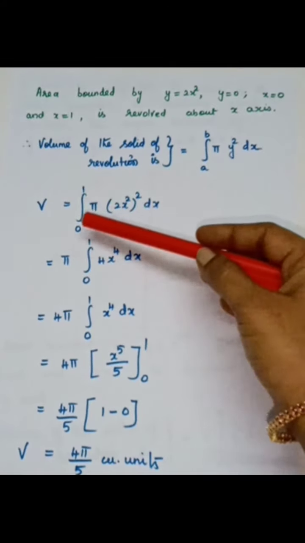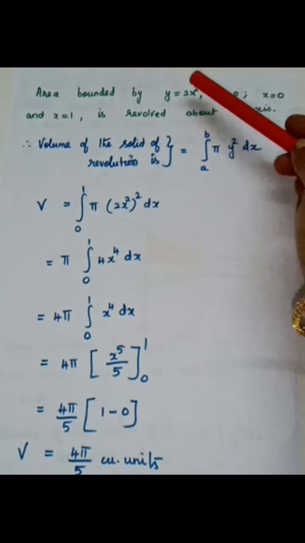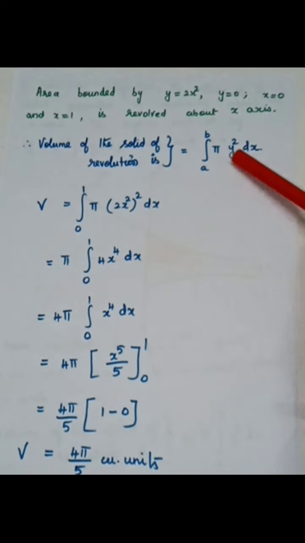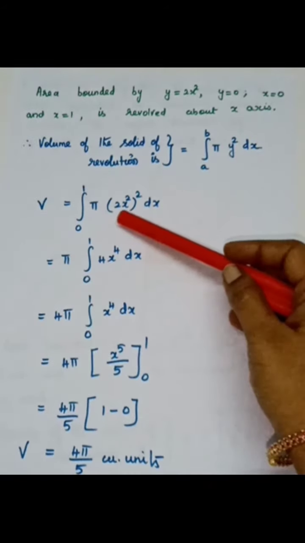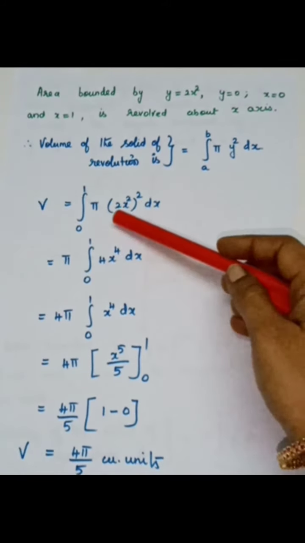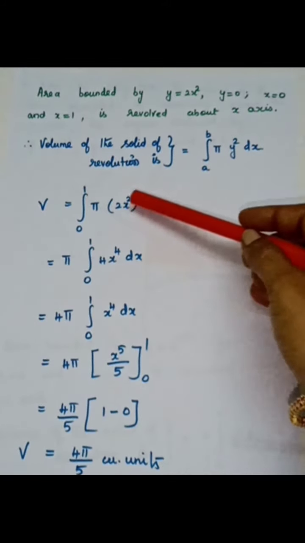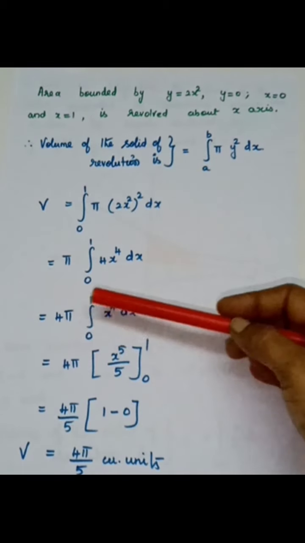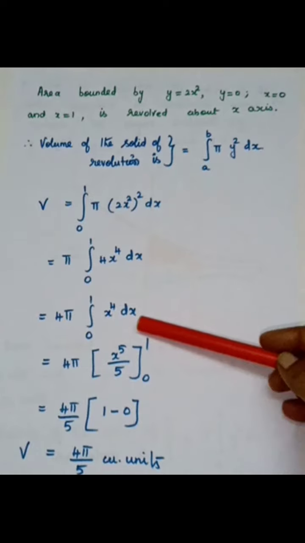So 0 to 1 pi, what is y? y has to be taken from the curve, y is equal to 2x squared, so y squared is 2x squared the whole squared into dx. Pi is taken out, 2 squared is 4, and x squared the whole squared is x power 4. 4 also is a constant, so it is taken out. So here you have x power 4 into dx.